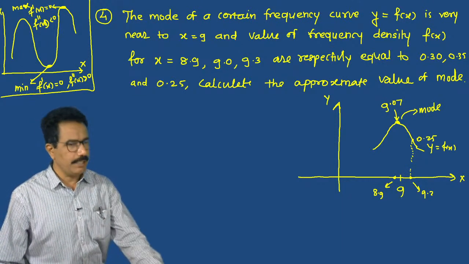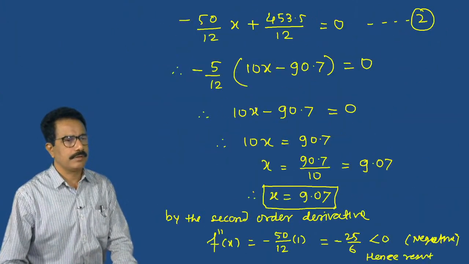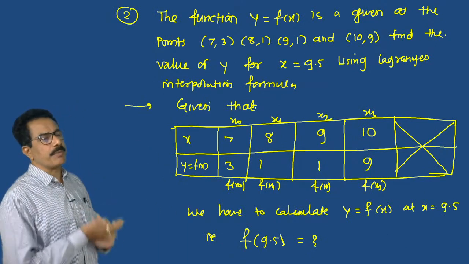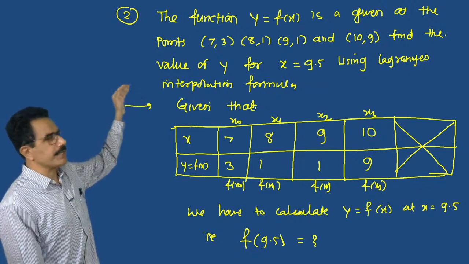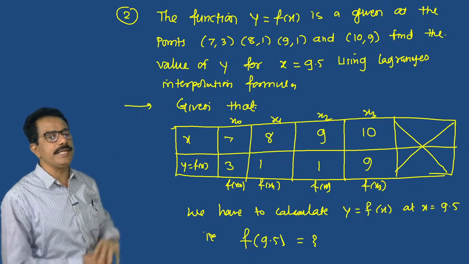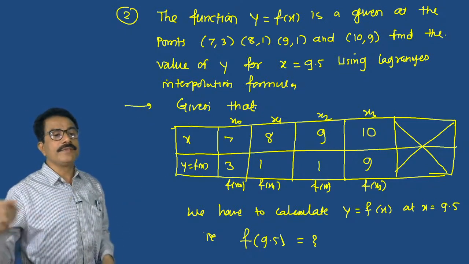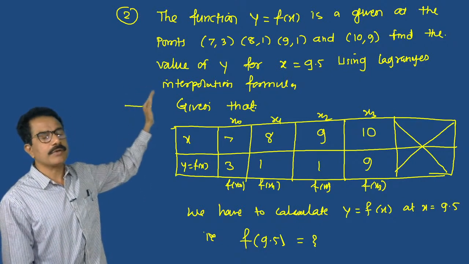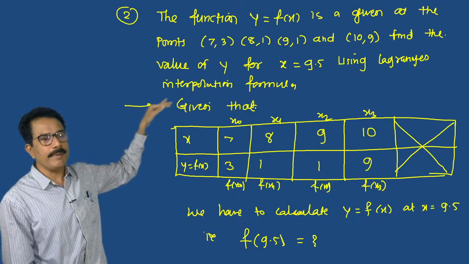Now we shall move towards the next problem. What is the next problem here? The function y is equal to f of x is given, at the points of the curve we have given 7,3, 8,1, 9,1, 10,9.